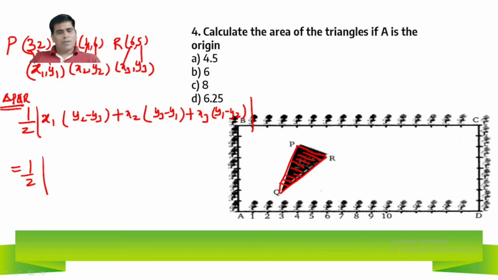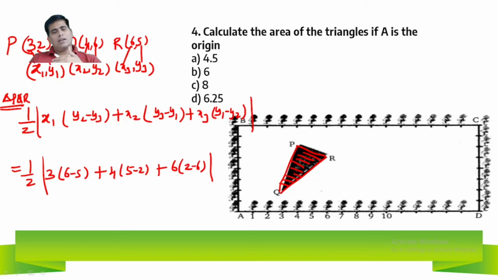So substitute the values: 3 into 6 minus 5 plus 4 into 5 minus 2 plus 6 into 2 minus 6. So this is the way we have substituted each and every value and find the area here, and you can simplify this part.